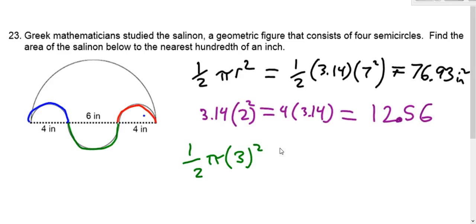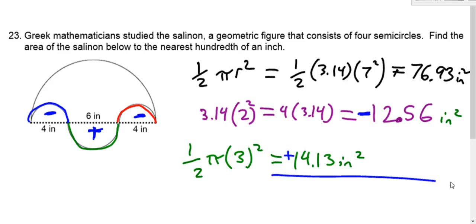So 1/2 times 3.14 times 9 is 14.13. We are subtracting the blue, we are subtracting the red, so we are subtracting the 12.56, but the green is added on. It's an additional area.